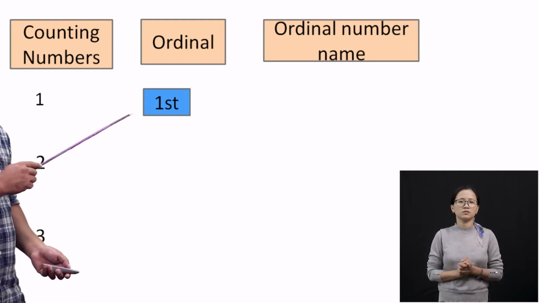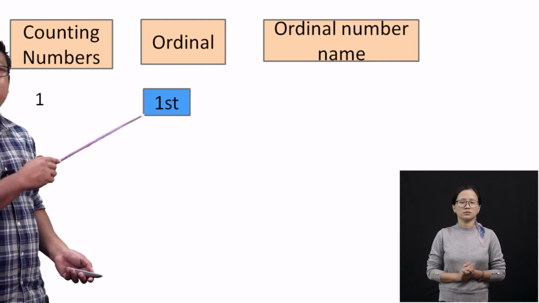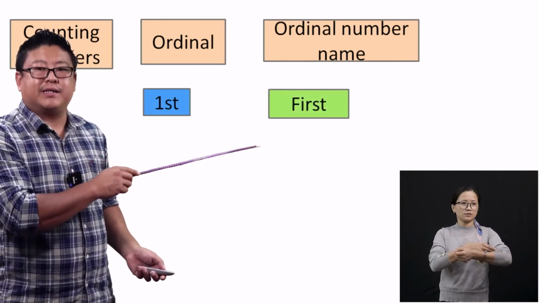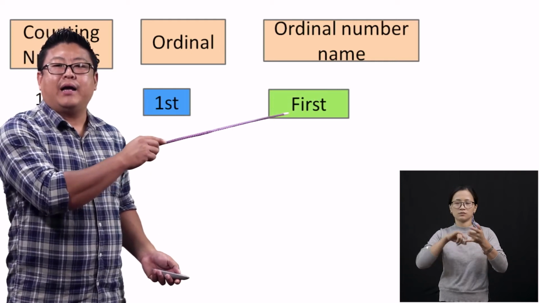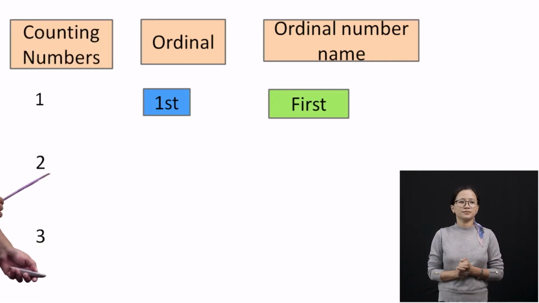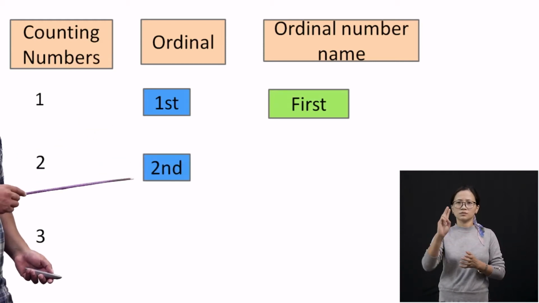That means 1st. Okay? This is the ordinal number. The ordinal number name is first. Okay? For number 2, the ordinal number is 2nd.